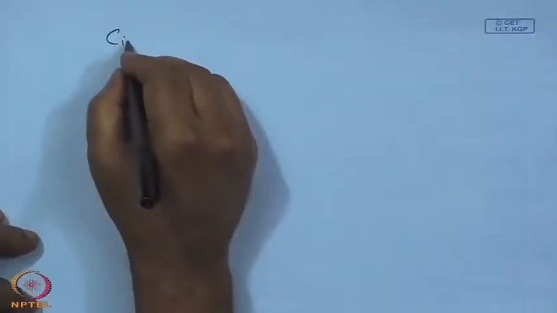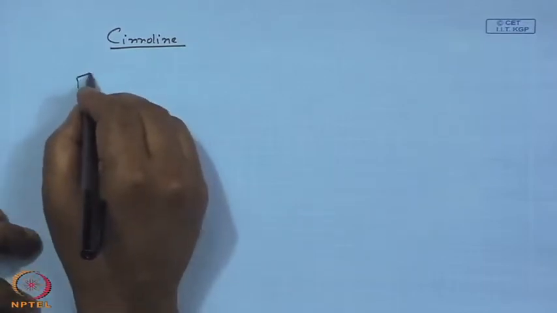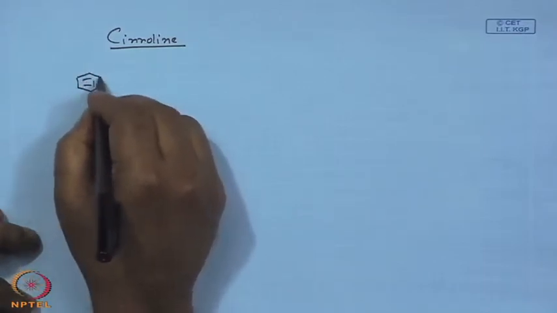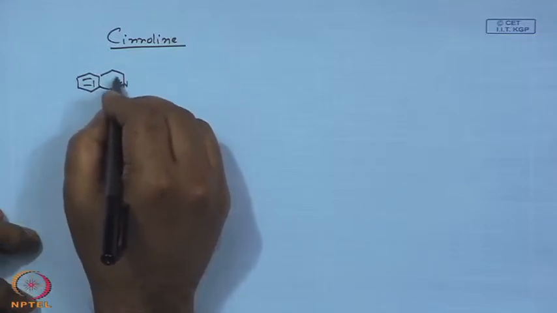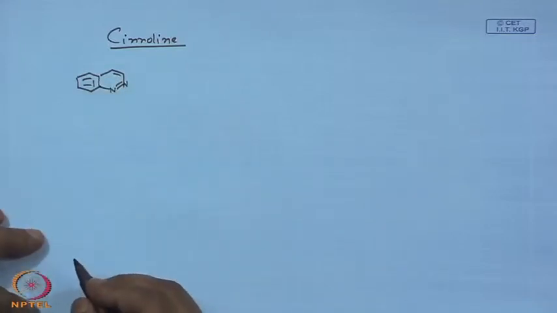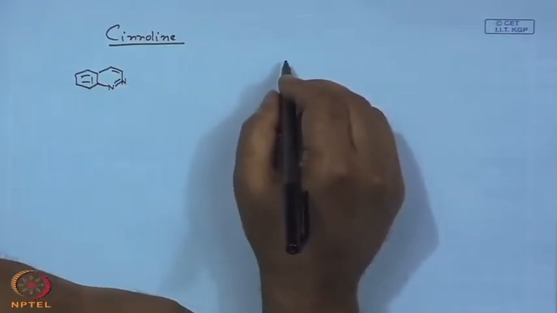And let us go to the next one. Next one is cinnolines, right? Cinnolines. What is it? It is very similar to indazoles, but this second ring is a 6-membered ring. I think before that I should also tell you some of the other analogous nuclei.